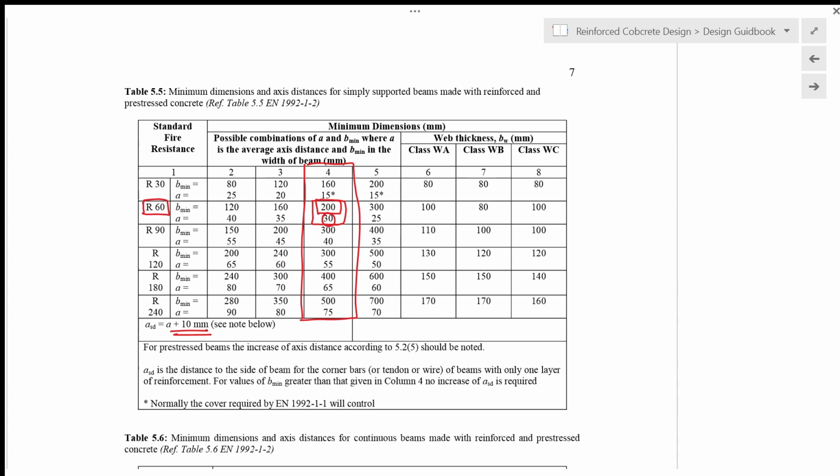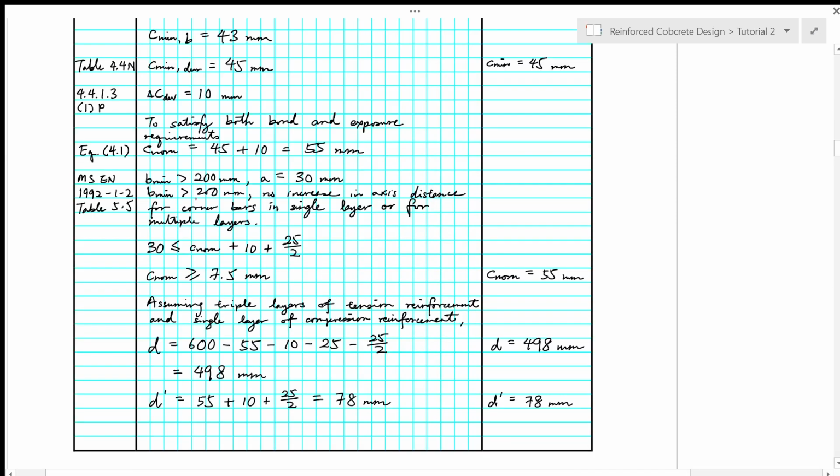So even with the bundled bars, we do not have to consider increment of the corner bar axis distance. B minimum is greater than 200 mm, so no increase in the axis distance for corner bars in single layer or for multiple layers. So axis distance from the table is 30 mm.